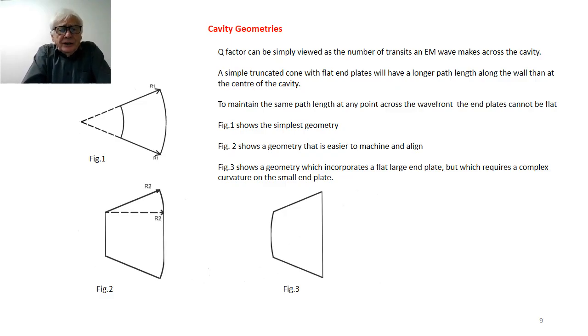Now, figure 3 shows a particularly interesting geometry, which is useful for superconducting cavities where you want just the large end plate to be superconducting, and this is more easy to achieve if indeed it's a flat end plate.